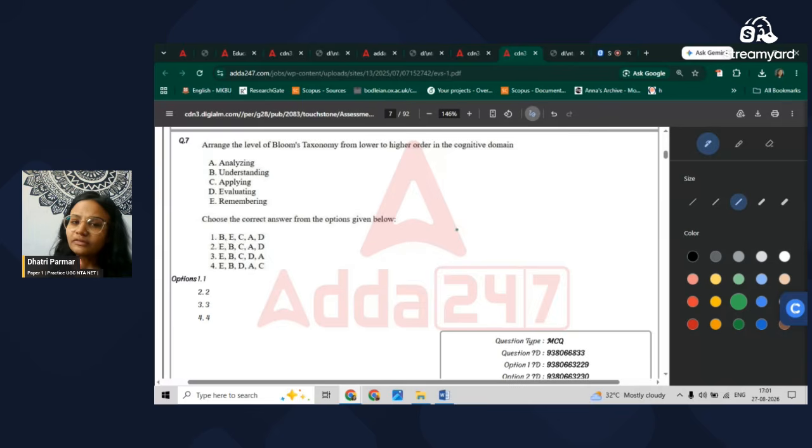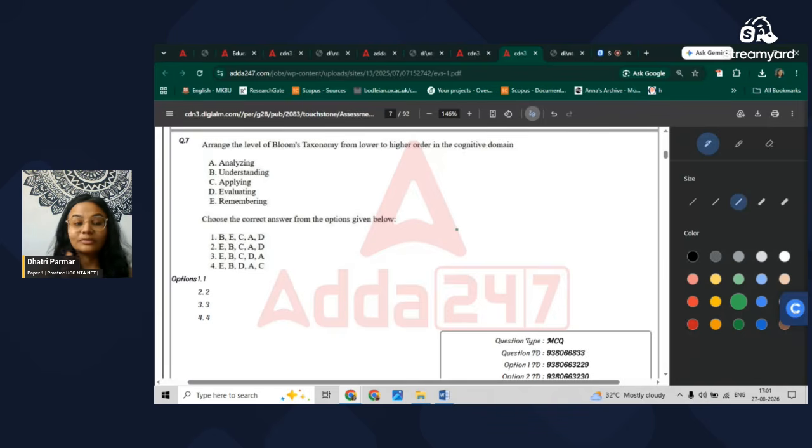The very first step of Bloom's taxonomy is remembering. So we start from remembering, then we understand it, then we move to the next part, and the last part is application.